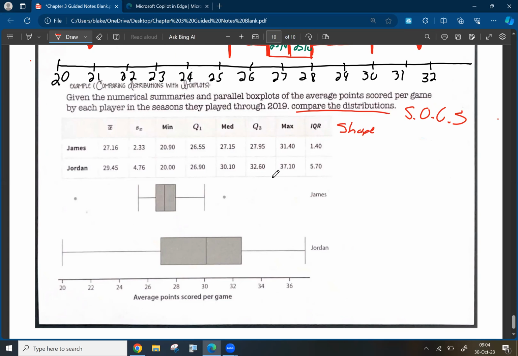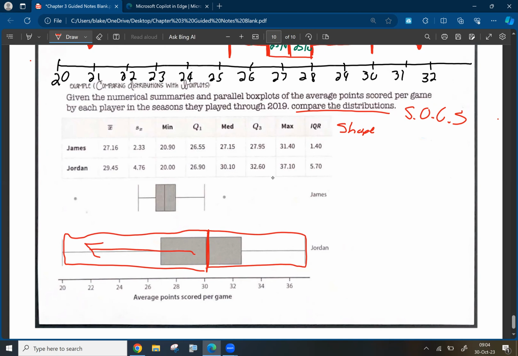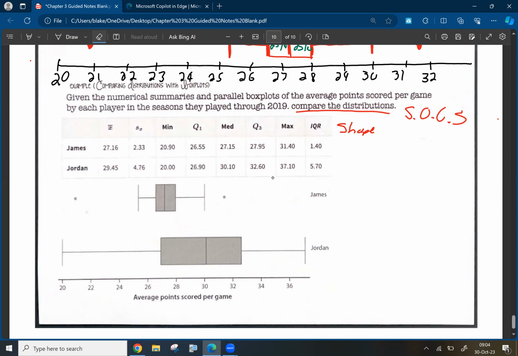Now, let's look at Jordan first. So notice, remember the median here is the halfway mark. Notice how this half is longer than this half, right? That tells me that this data is skewed a bit more to the left. It's a little longer tail on the left side. So I think Jordan is skewed to the left.